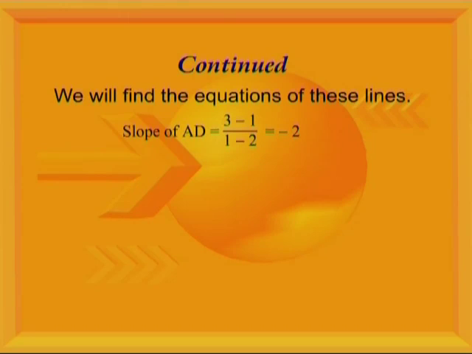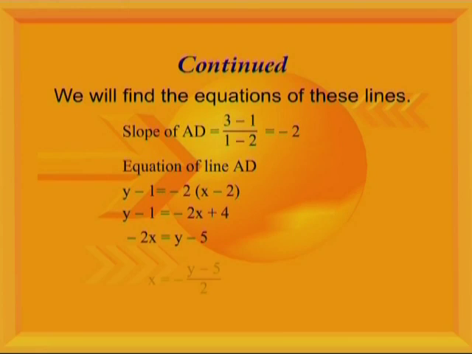Using the formula for the slope and the point, the equation of the line AD is y minus 1 is equal to minus 2 into (x minus 2), and then y minus 1 is equal to minus 2x plus 4, and minus 2x is equal to y minus 5, and from here x is equal to minus (y minus 5) divided by 2.